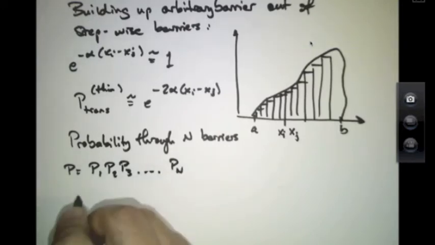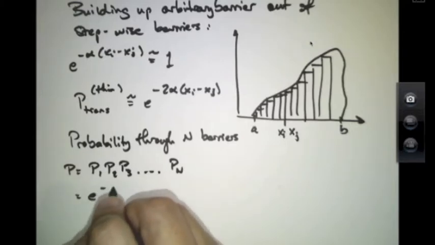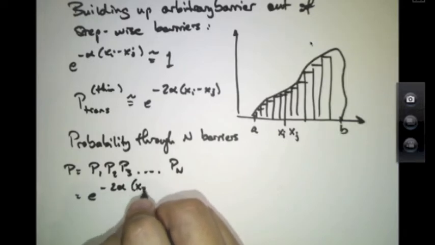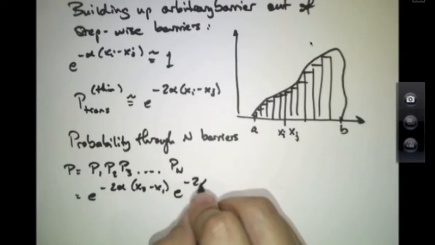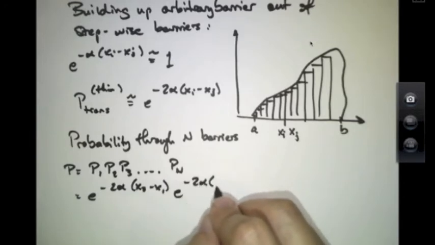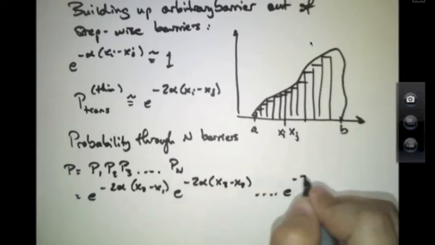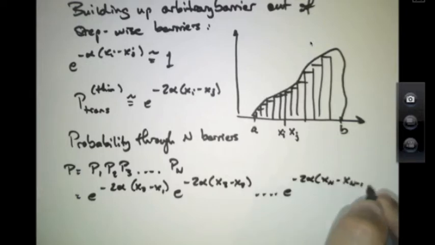And if each one of them looks something like e to the minus 2 alpha (x2 minus x1), e to the minus 2 alpha (x3 minus x2), on up to e to the minus 2 alpha (xn minus xn minus 1).